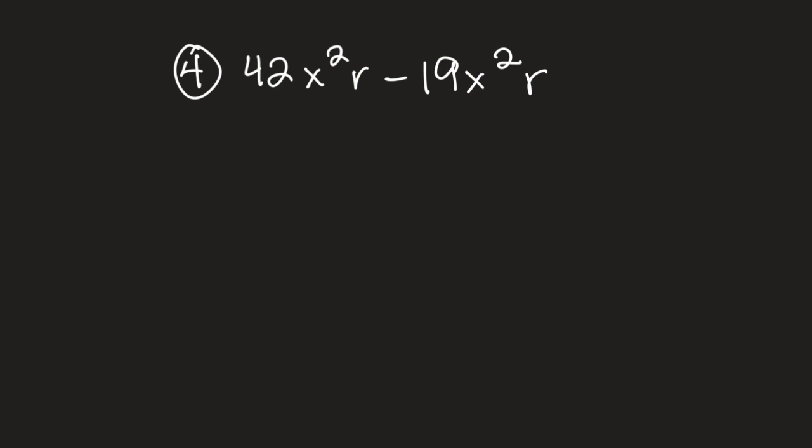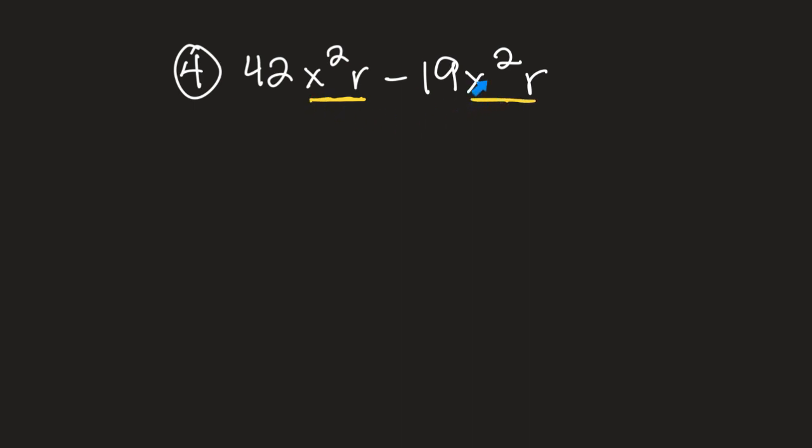Now, again, we are going to look for like terms. So I go here and I see I have an x squared r. This has to be exactly the same in order for me to combine like terms. So I'm going to look here and see if this is exactly the same.